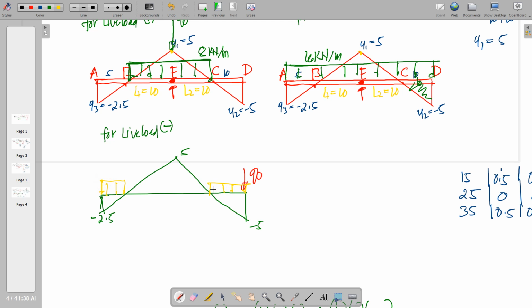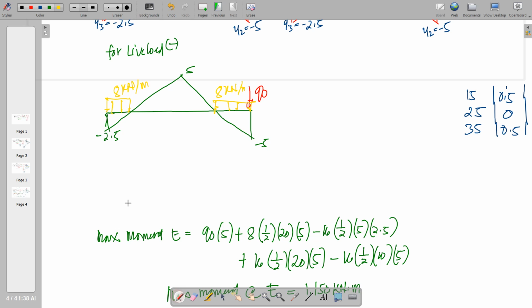Okay. This is 8 kilonewton per meter. So recalculation of our maximum moment at E. First, we have 90 times negative 5.